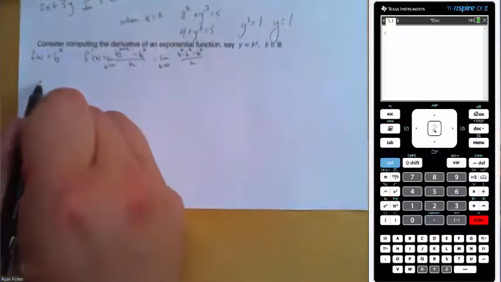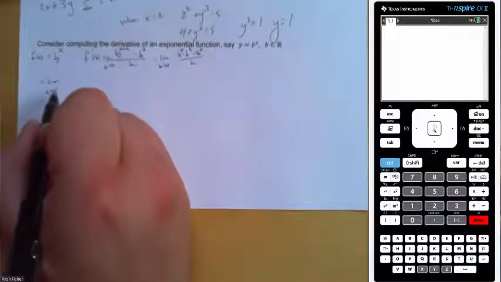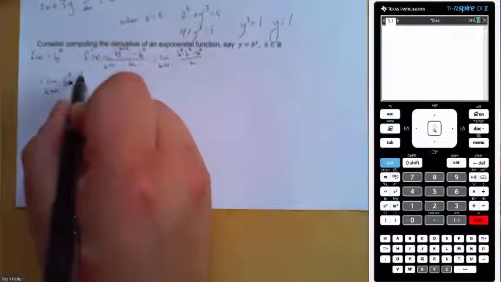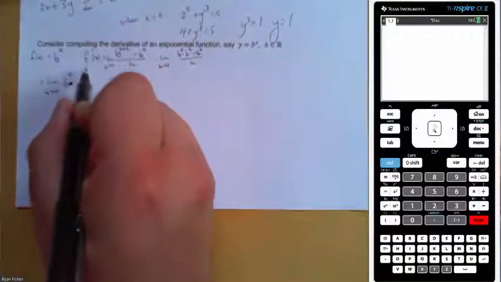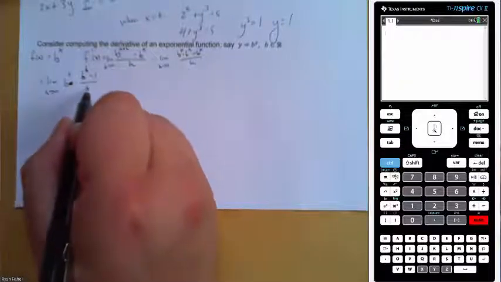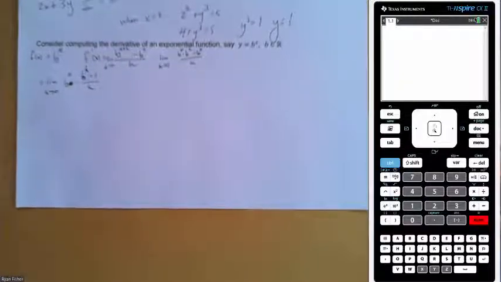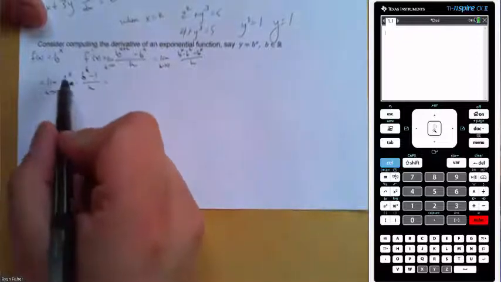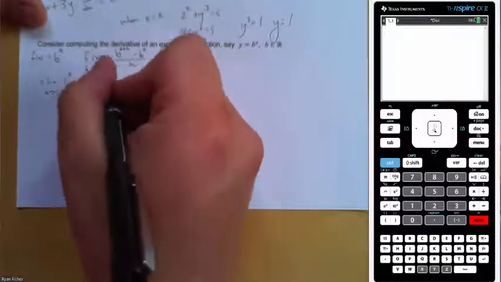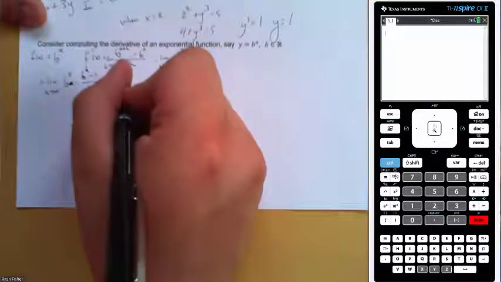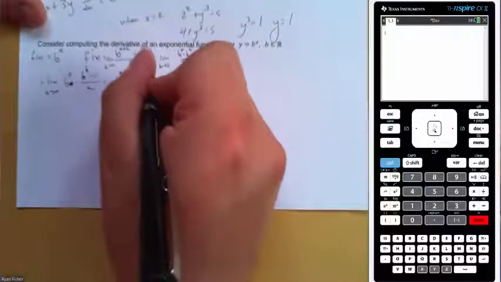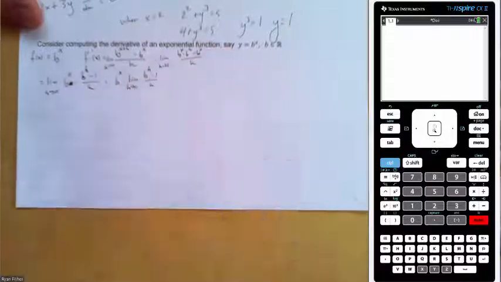This is the limit as h tends to 0 of b to the x times b to the h minus 1 over h. Since this b to the x term doesn't have any h's in it, you can pull that out of the limit. You get something like this.